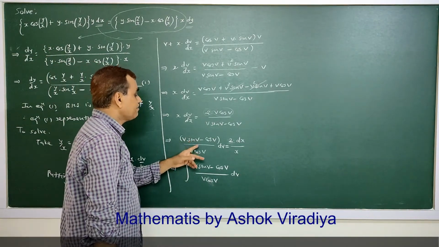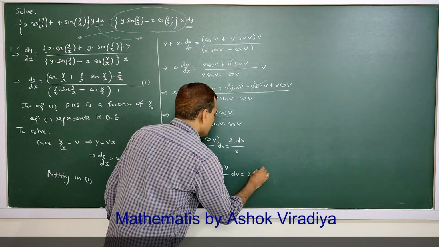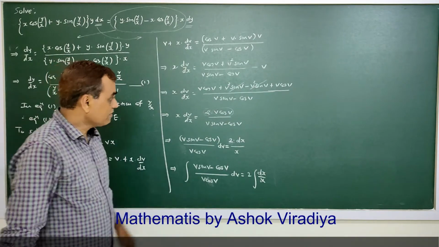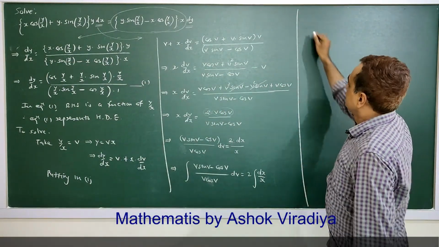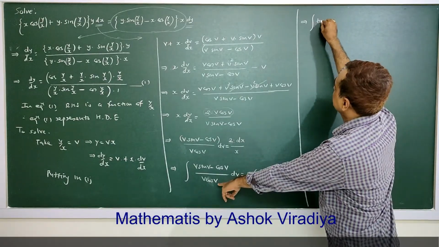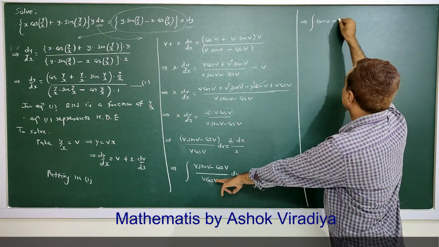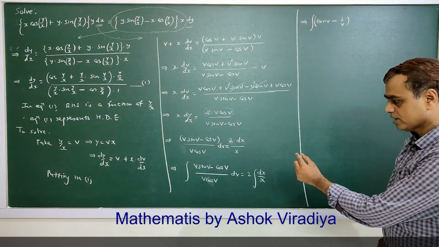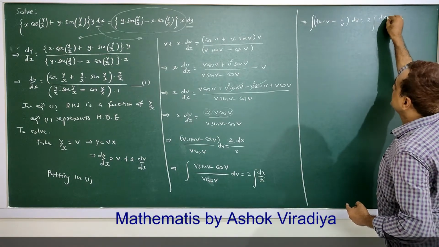So v sin v minus cos v upon v cos v dv is equal to 2 dx upon x. Simplifying this, v sin v upon v cos v is tan v, minus cos v by v cos v, that is 1 upon v. So tan v minus 1 upon v dv is 2 into dx by x.